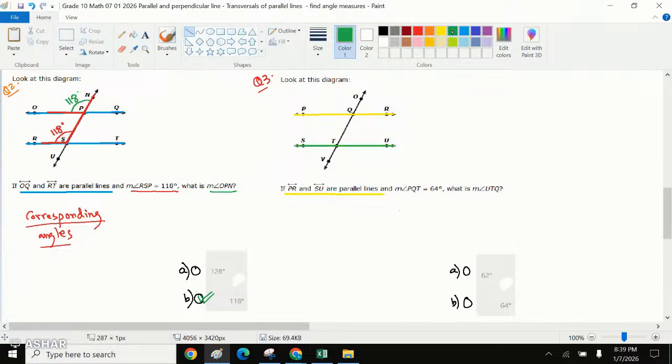The information that is given to us is that PQT is 64. Where is PQT? This is P, this is point Q, and this is point T. That means this angle is 64. Okay. What we need to find is UTQ. Where is U, T, and Q?